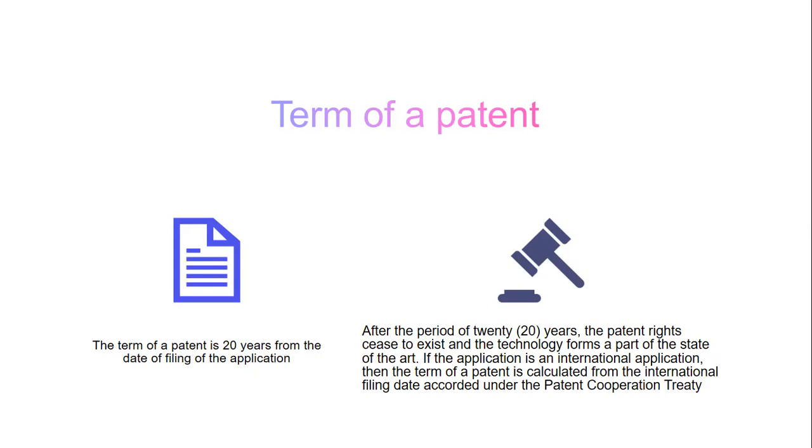So 20 years are expiring, file a new patent application without doing much in your product. And what will happen if that gets granted? Again, you will have monopoly for the next 20 years. So this is called evergreening of a patent.